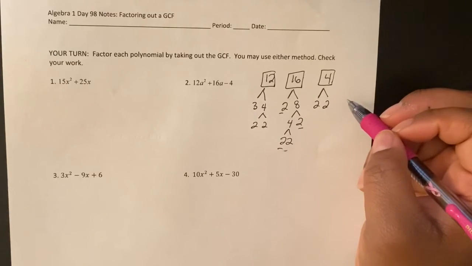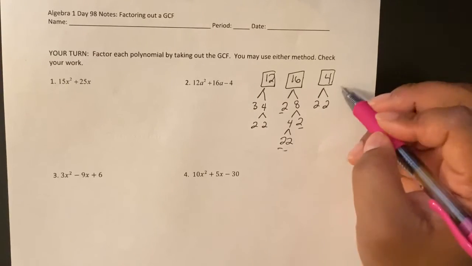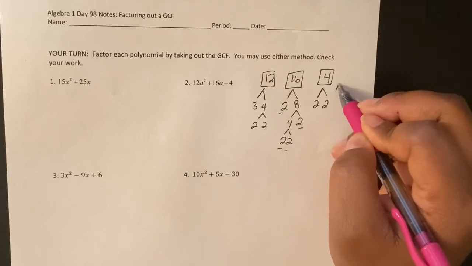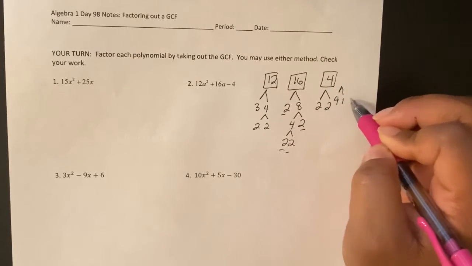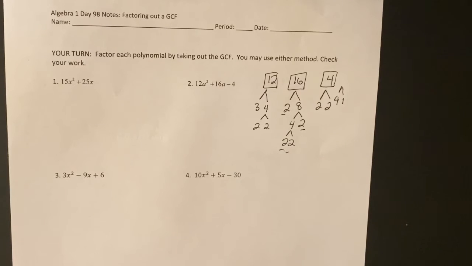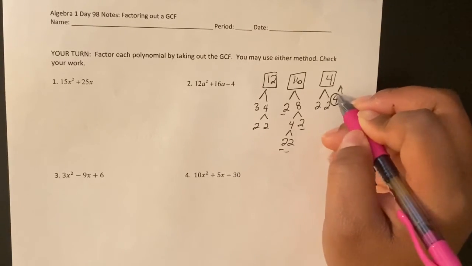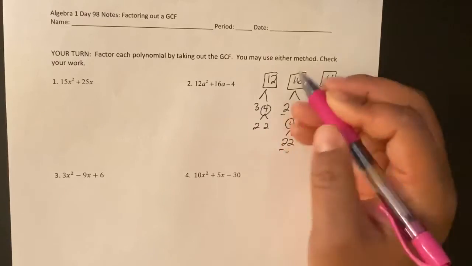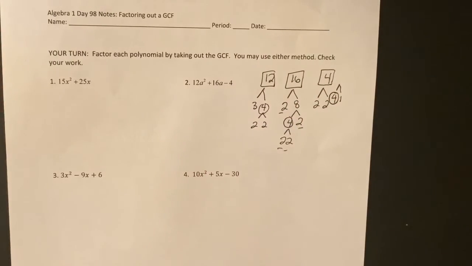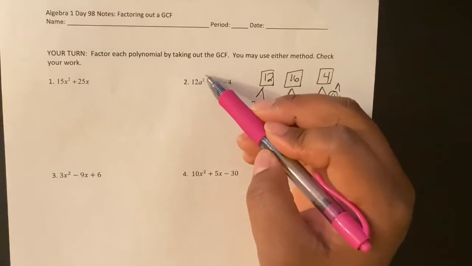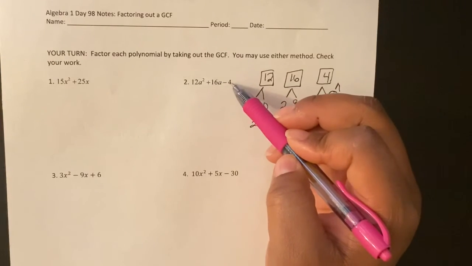So it's clear that the largest number they have in common is 4. Okay. Now let's check to see if they have any variables in common. 12a squared, 16a, and negative 4.